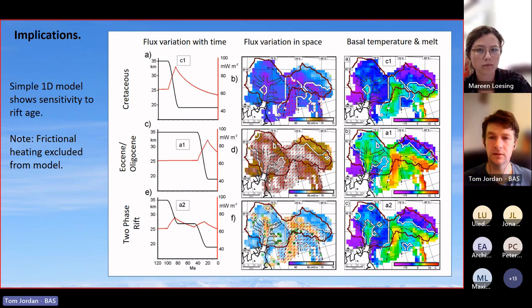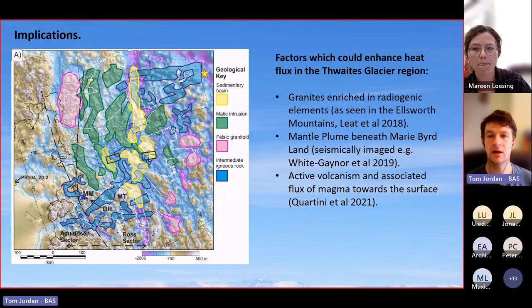So my conclusion is that Cretaceous rifting, which I think dominates Thwaites Glacier, isn't going to be driving high geothermal heat flux in this area. But I'm not saying that this area doesn't have high geothermal heat flux.